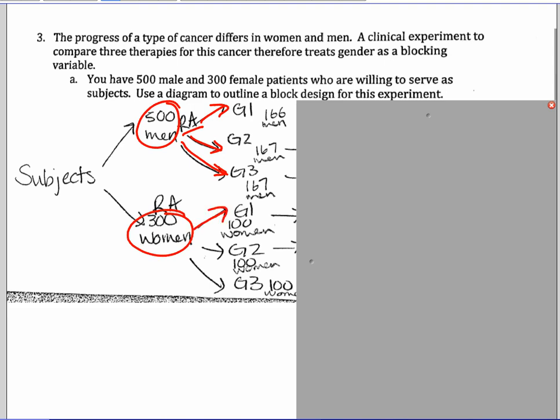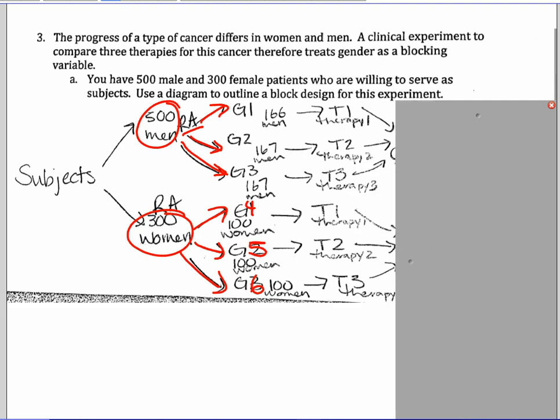I'm going to randomly allocate them into 3 different groups. Sometimes we call this group 4, 5, and 6, okay? Because groups 1, 2, and 3 were the men, groups 4, 5, and 6 were the women. So I have my men randomly allocated, and now my women were randomly allocated.